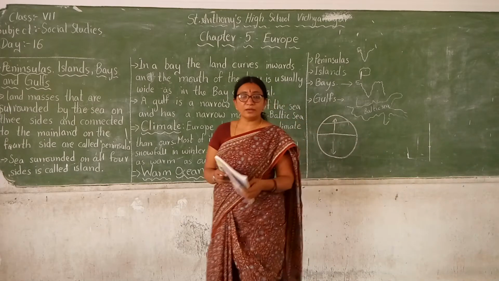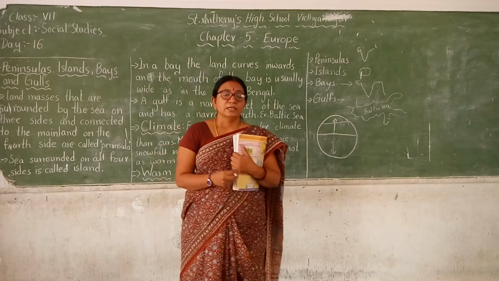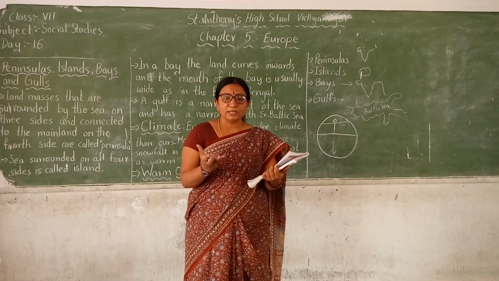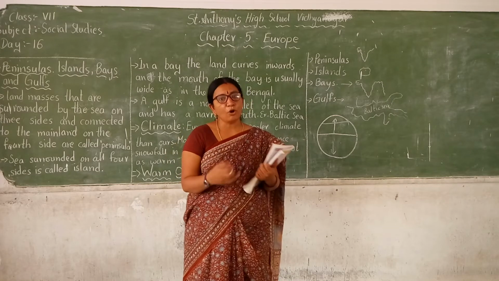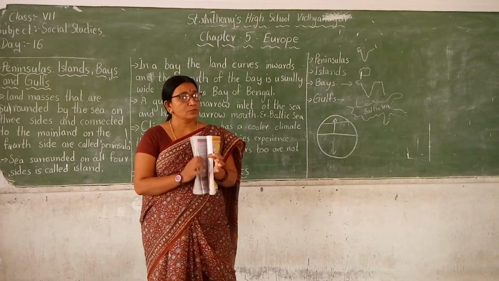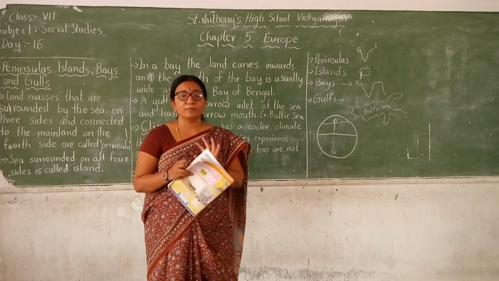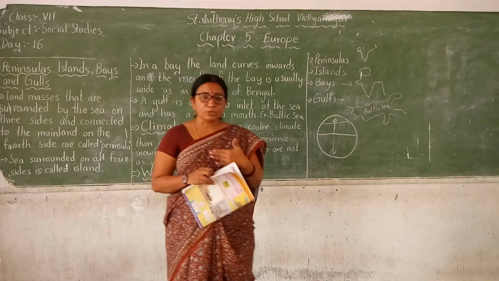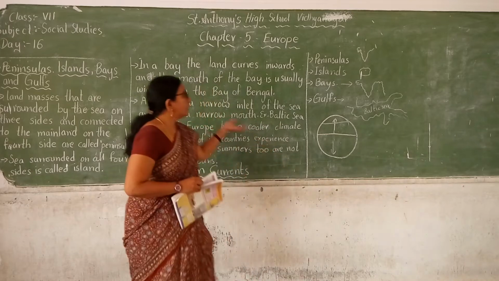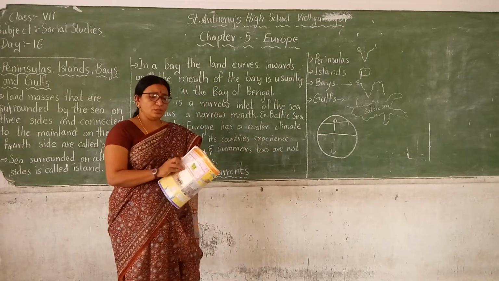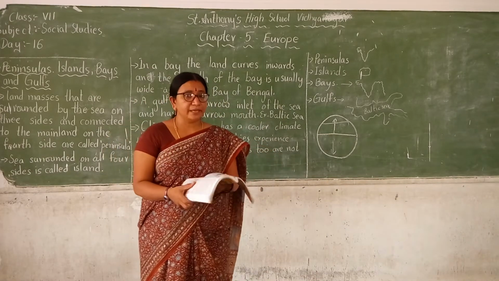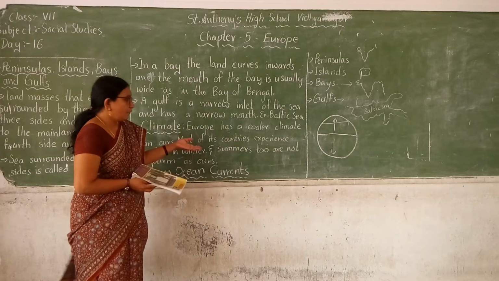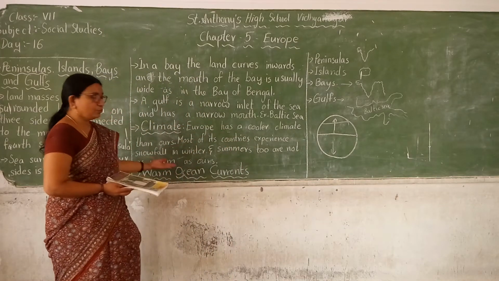Our summer now is very hot. Even the water that we keep in the fridge will become hot after some time. It is very hot in our region because we are very close to the equator compared to Europe. So you can observe that is one of the main reasons for the warm summer of Europe.